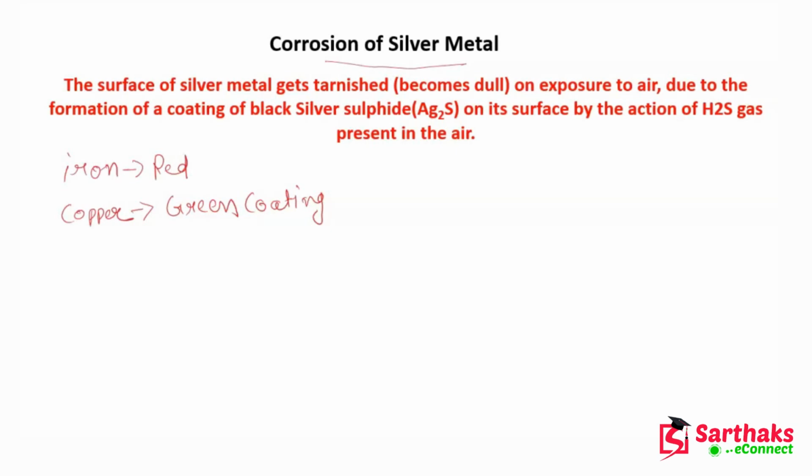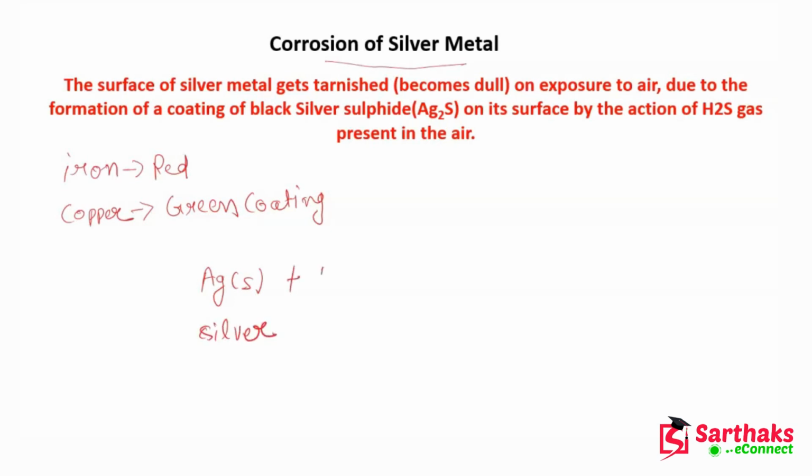And now let me tell you what is the equation of the corrosion of silver metal. Okay, so let's suppose this is your silver, Ag. This is the symbol for silver. Let me write it here for you.